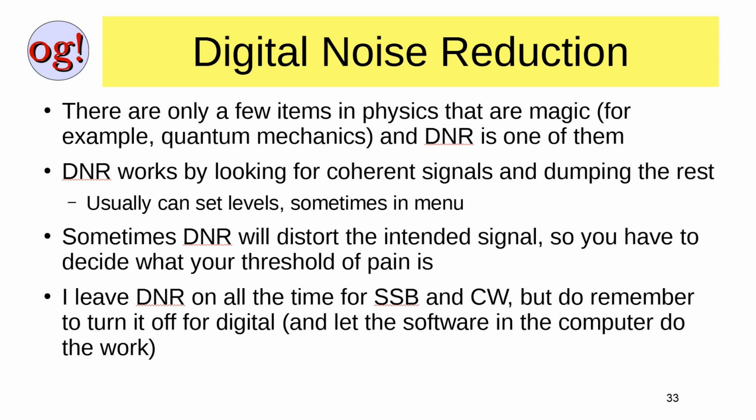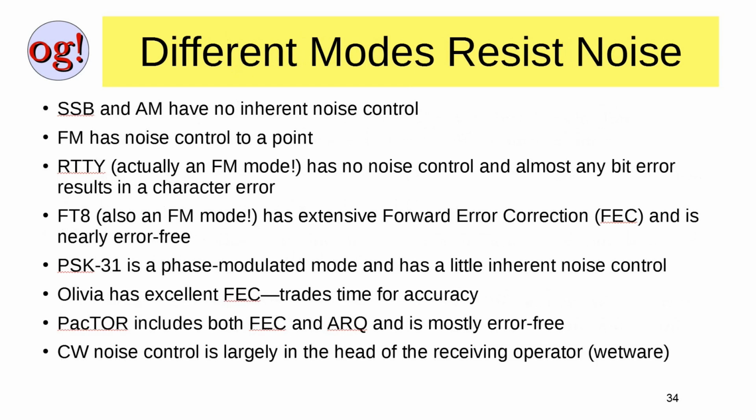You can even turn off the AGC if you can, but turn off noise blanking, turn off notches, turn off filtering waveforms and so on. Just turn off DNR and just let the signal go on through to the computer.